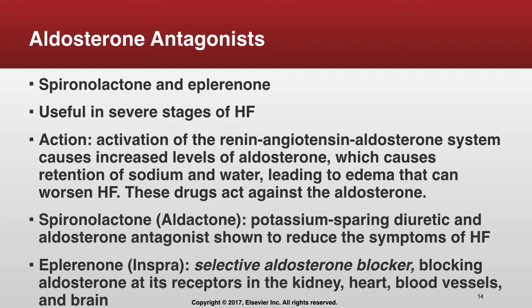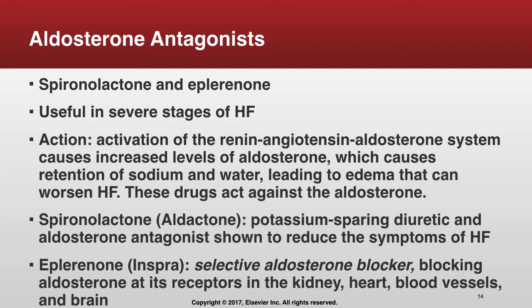There are currently just the two aldosterone antagonists commercially available in the United States, spironolactone and eplerenone. Spironolactone is a non-selective aldosterone antagonist. It also is a potassium-sparing diuretic.